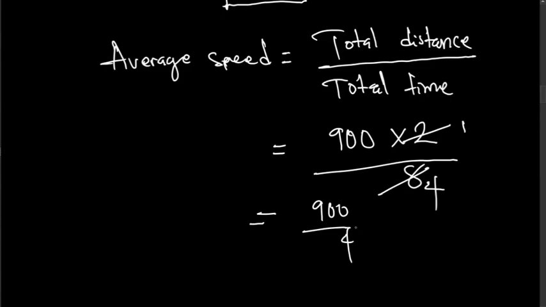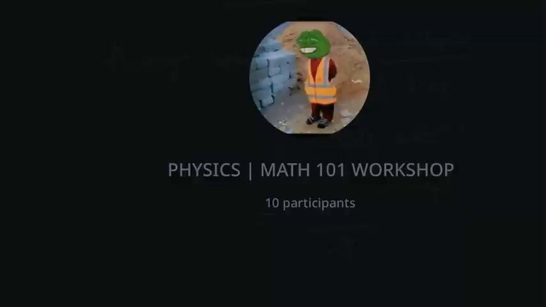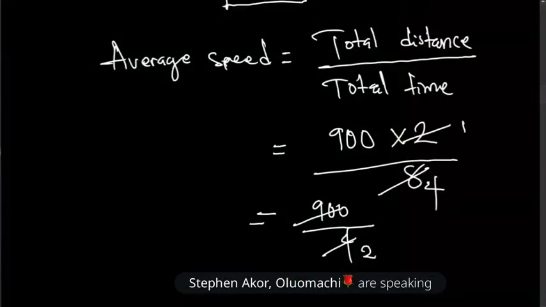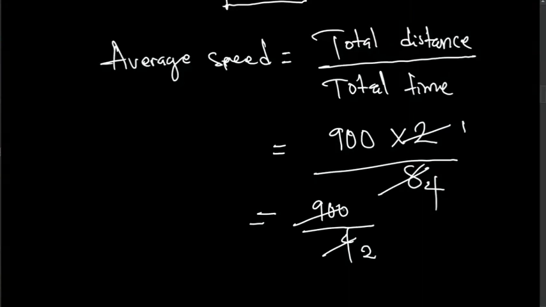How do we divide again? We can simplify. Start from 2, or we can use 4 directly. But let's just start with 2. So 900 divided by 2 is 450.